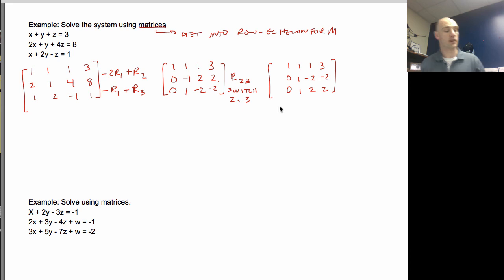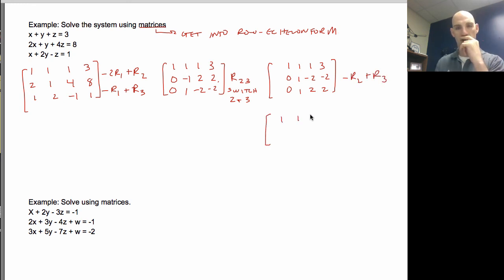Okay, so what happens here is I get this situation where I've got pieces lined up already. And so all I have to do now is switch 2. And so now I can do negative row 2 plus row 3.